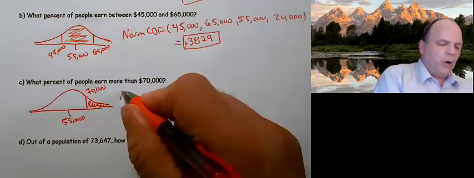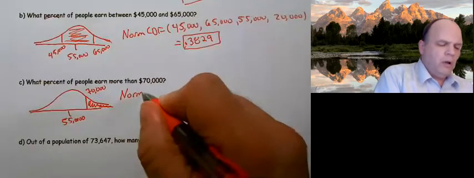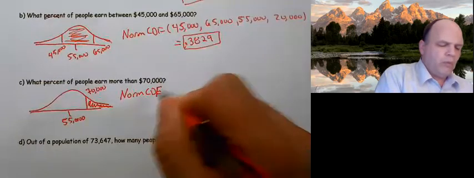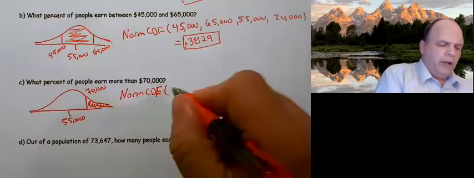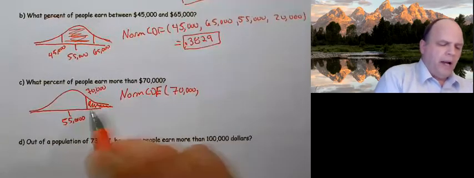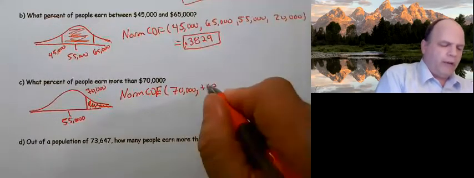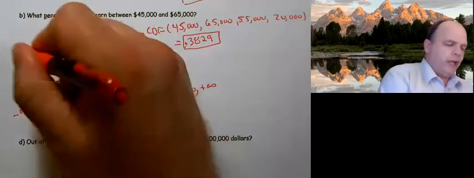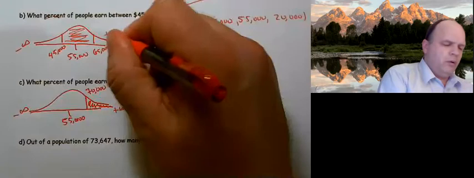Since they're asking for it, it's a normal CDF. My lower bound happens to be 70,000. My upper bound is positive infinity, because don't forget these go to positive infinity and negative infinity. I should label that up here as well.